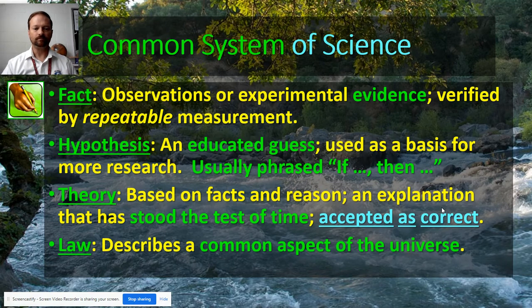Got it. Theory. This is an idea that other scientists have challenged, and it has never been proven wrong. It has stood the test of time. It's legit and it's correct. It's correct because really smart, dedicated people have tried to disprove it, and you can't disprove it. Lots of theories out there.